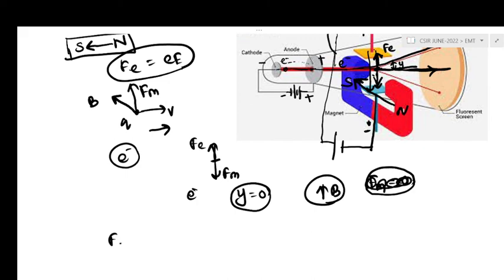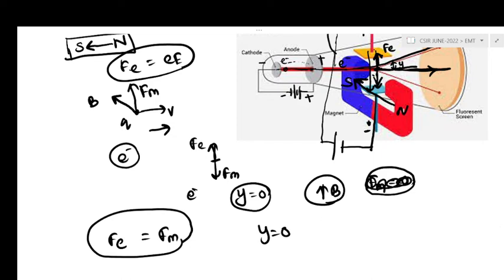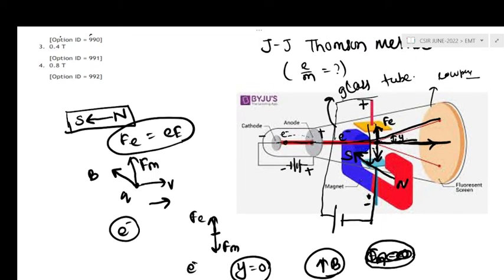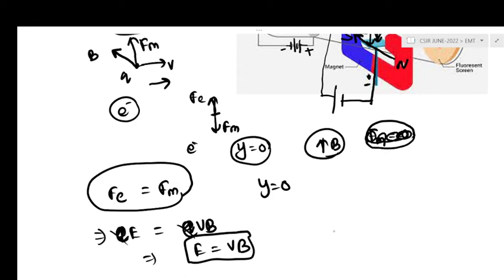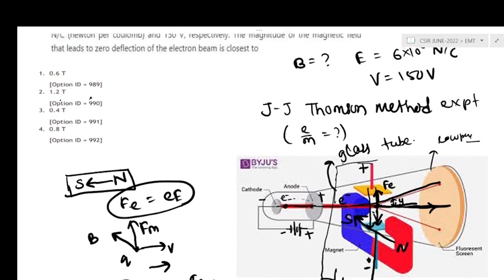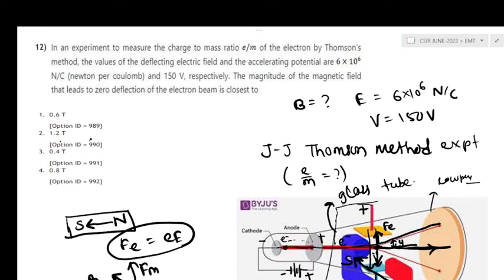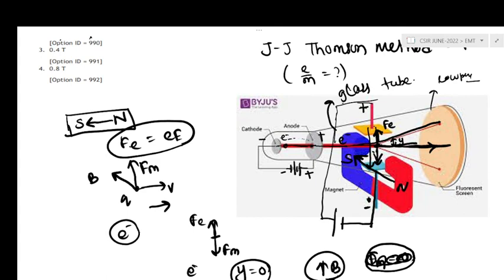So the electric force will be equal to the magnetic force. Y will be zero, so Fe and Fm will be equal. So Fe = Fm gives QE = QVB, you know the magnetic force. Here Q is e, so e gets cancelled, E = VB. This is the relation between electric field and magnetic field when the charged particle is moving with velocity V. From this we have to calculate the required things.